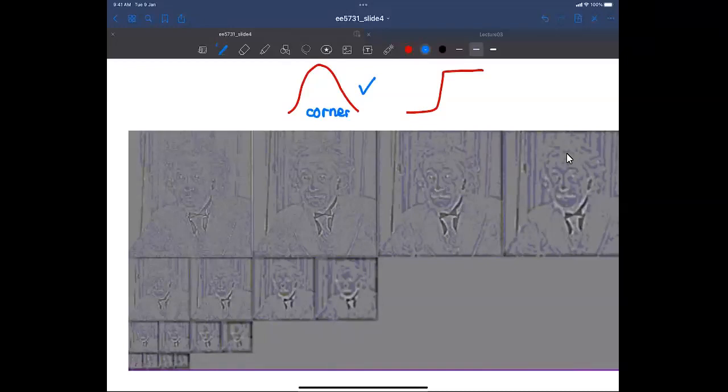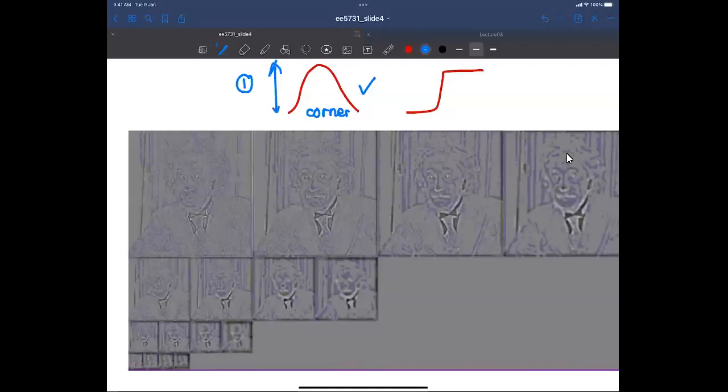So this is the first one. We want to find corners that have high contrast, meaning corners that are high in terms of the scale. So we don't want hills. We want to find mountains in this DoG image. Why do we want mountains?